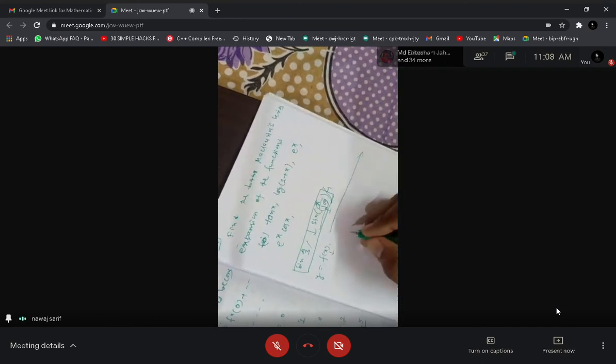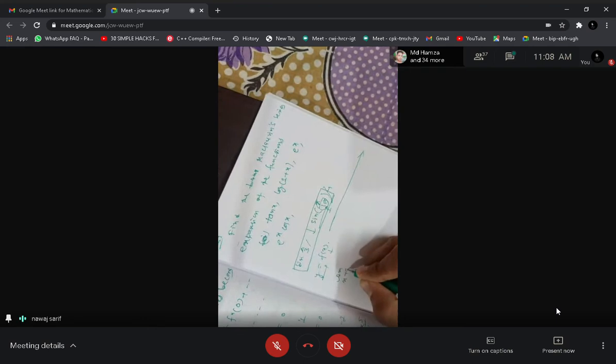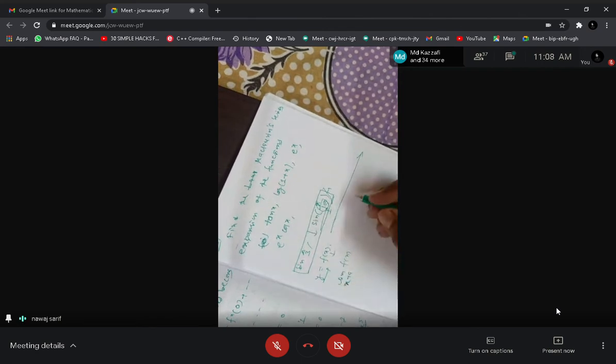When you try to find a limit of a single variable function, what will you find? Limit x tending to a of f of x. That means you are approaching the point in only one way. If you are given a function and x equals a, then you are approaching either from left or right.